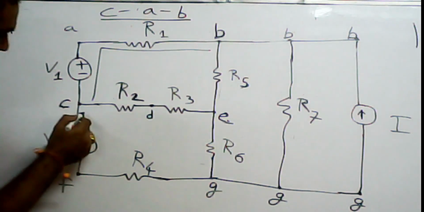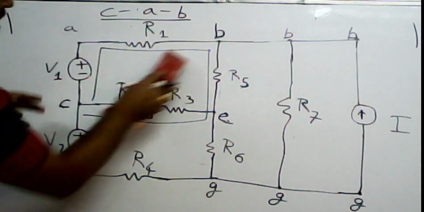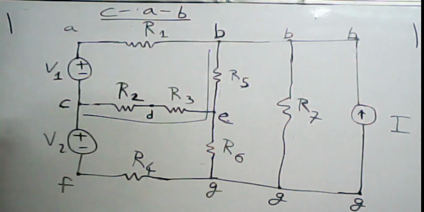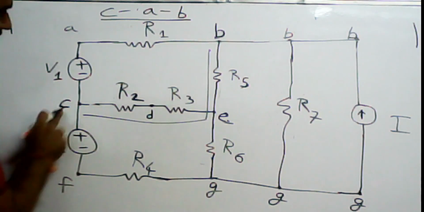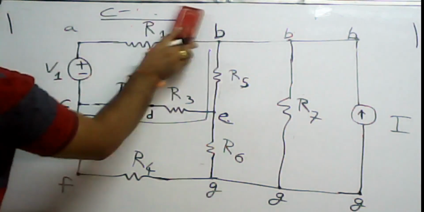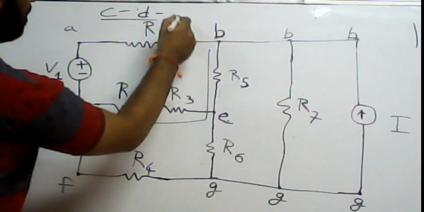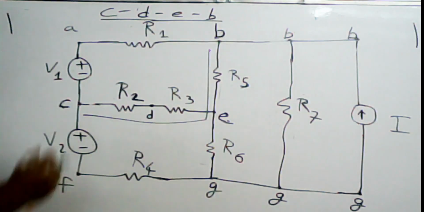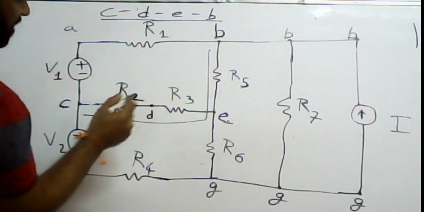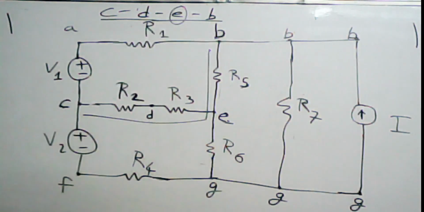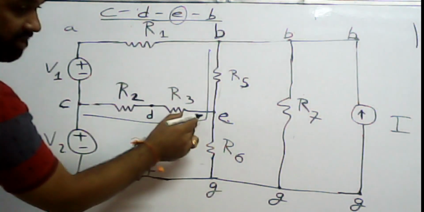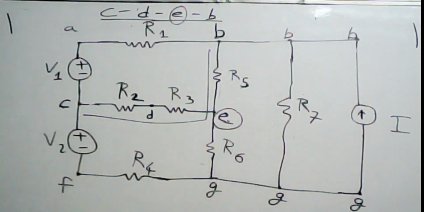For example, if we see this path, this is also joining two essential nodes, C and B. But while joining C and B, we can write this path name as C, D, E, and B. It is passing through an essential node E. So this branch cannot be termed an essential branch, because while joining two essential nodes, it is also passing through another essential node E. Whereas CAB can be called an essential branch.